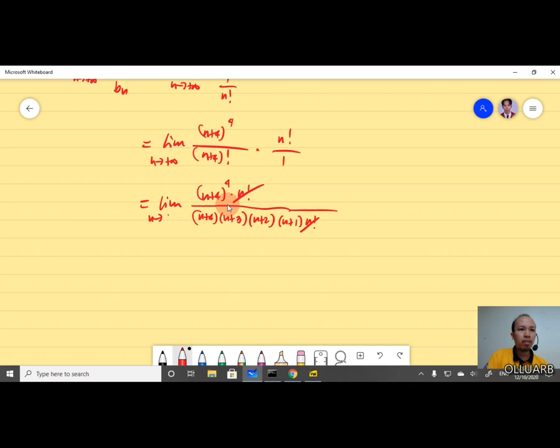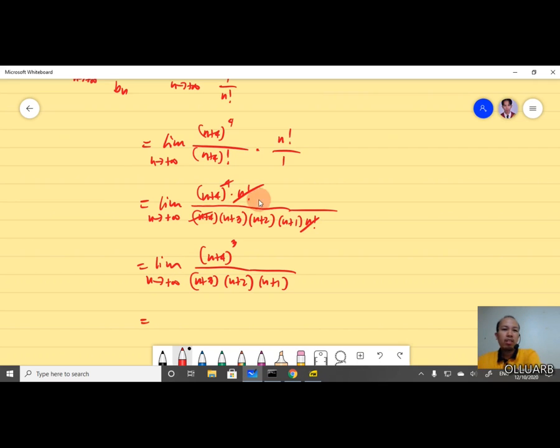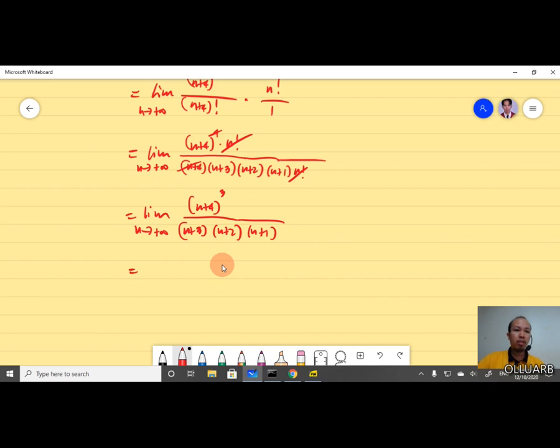As n approaches positive infinity, we have n plus 4 to the 3 over n plus 3 times n plus 2 times n plus 1. You can expand the numerator and the denominator using the special product.